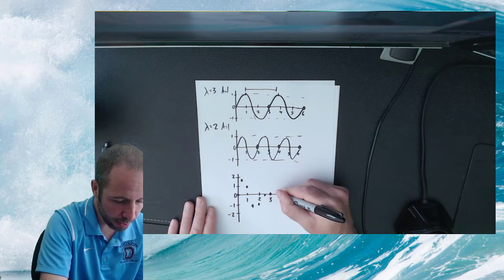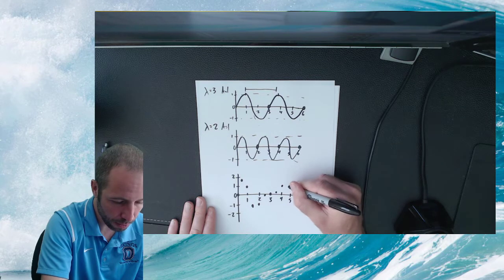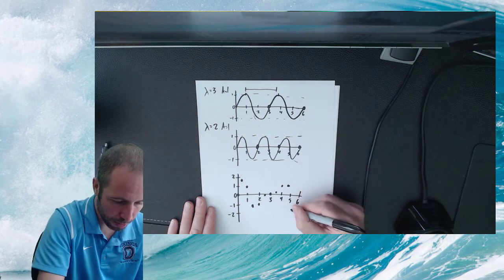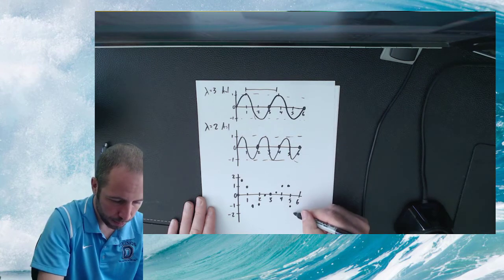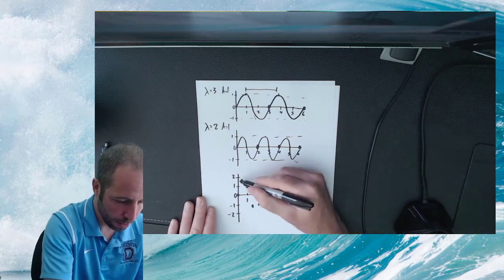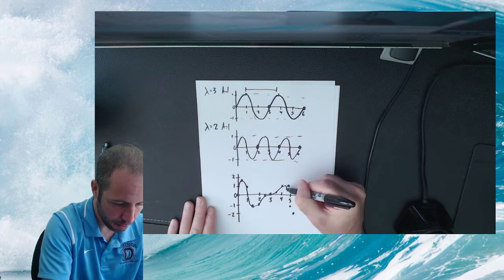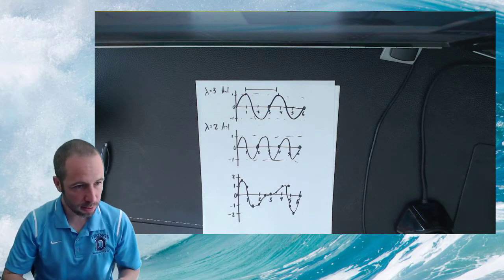And then what's really cool about this is this pattern is going to be symmetrical. So what's weird is we get that pattern. Does that look like the nice smooth sine wave cosine?